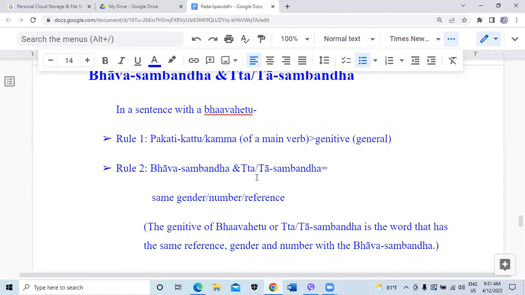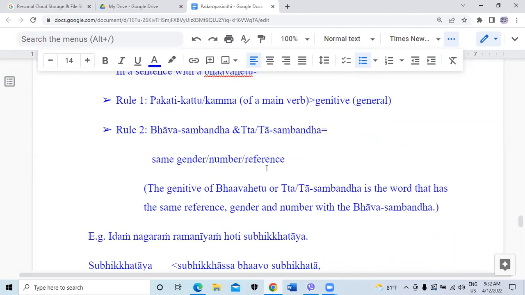But for agreements between bhava samana and rada samana, we need to check genders and numbers and reference of bhava samana words and rada samana words.